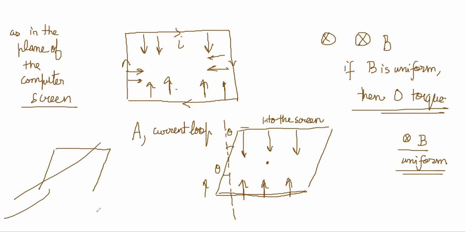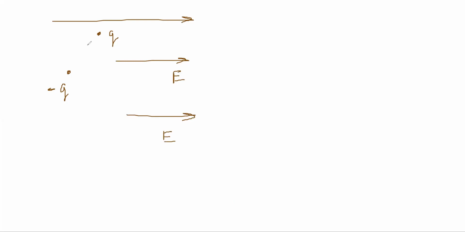This is the same thing that happens when you put a dipole in a uniform electric field. Remember, if you put a dipole like this, Q and minus Q, in a uniform electric field. Now, if the dipole was like this, then it will try to turn because this force is like this and this force is like this.